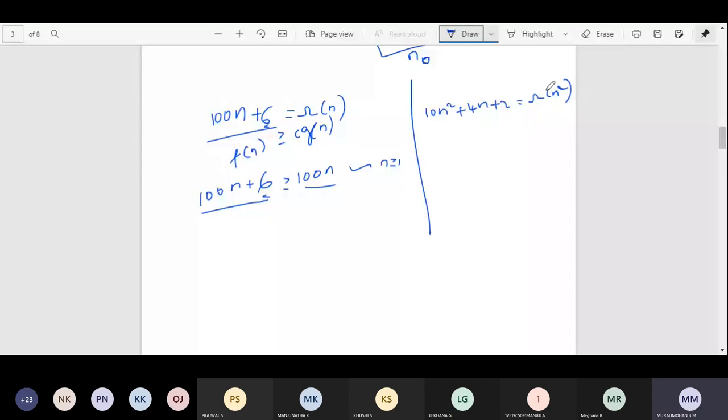Kindly respond. Yes, sir. For what values of n will it satisfy? n is greater than or equal to 1. So 10n square plus 4n plus 2 is greater than or equals to what should I write here?